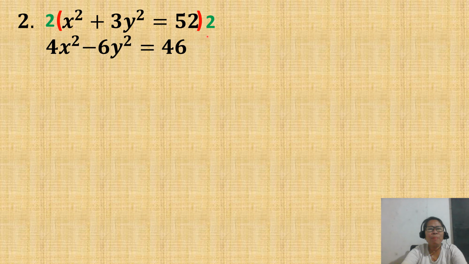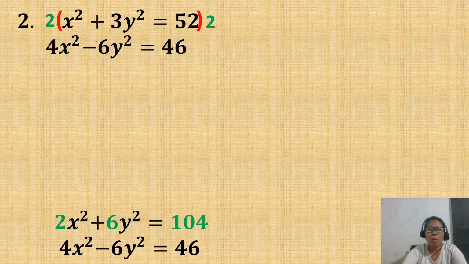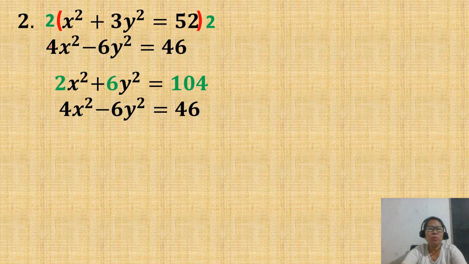So what will be our new equation? Our new equation A is now 2 times x squared, which is 2x squared, 2 times 3y squared, which is 6y squared, while 2 times 52 gives us 104.